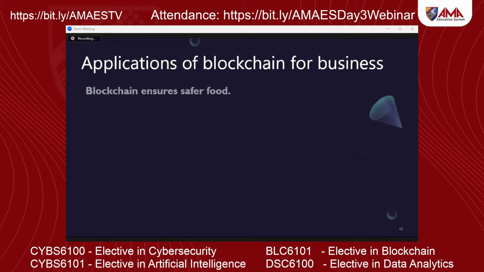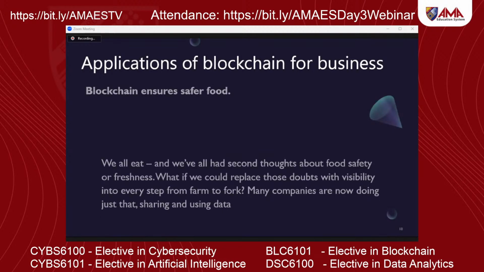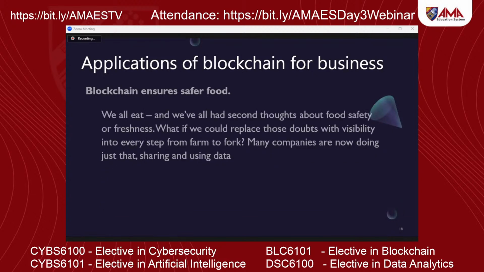So ayun yung mga sabi lang, blockchain ensures safer food. So we all eat. Okay, so we also have second thoughts about food safety and freshness. Kumbaga, if using blockchain, yung mga deliveries natin, yung mga deliveries ng mga food, okay, using technology, matatrack natin sila.